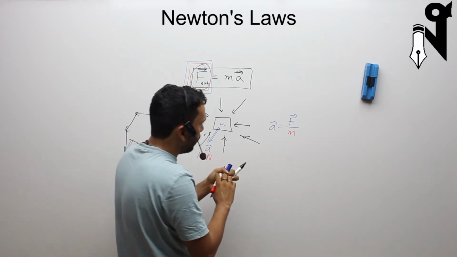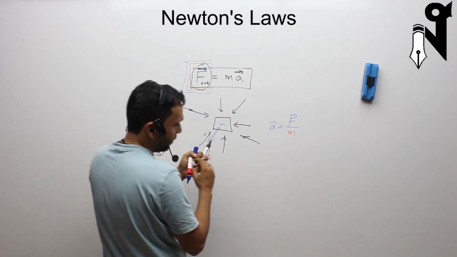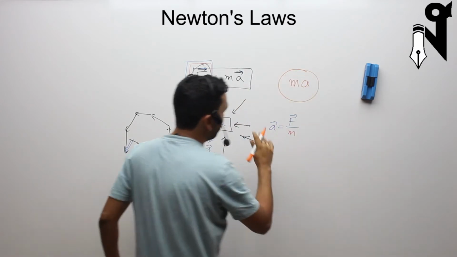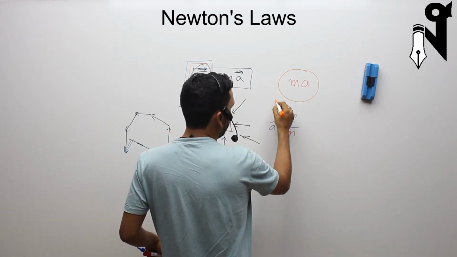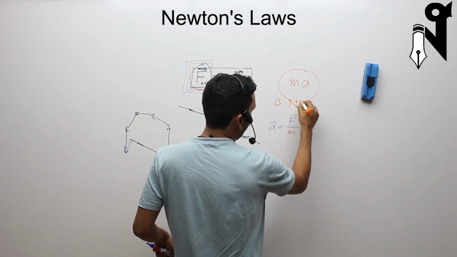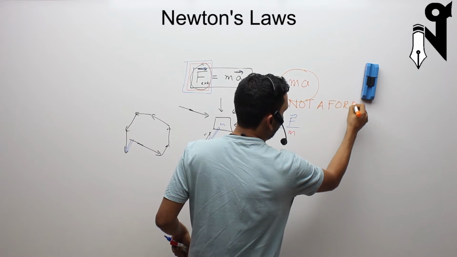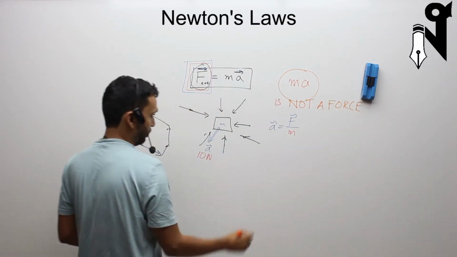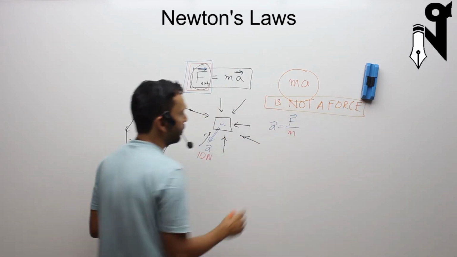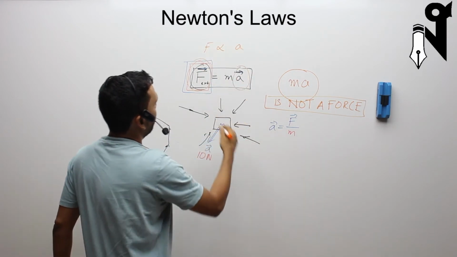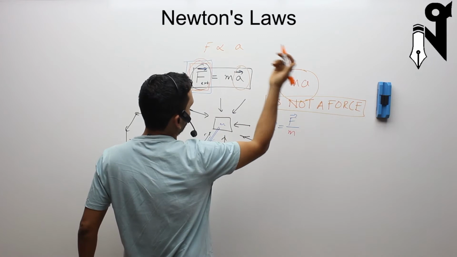Now what I would like to emphasize over here is that the quantity m times a is not a force. Remember this. F is proportional to a and F is proportional to the mass.